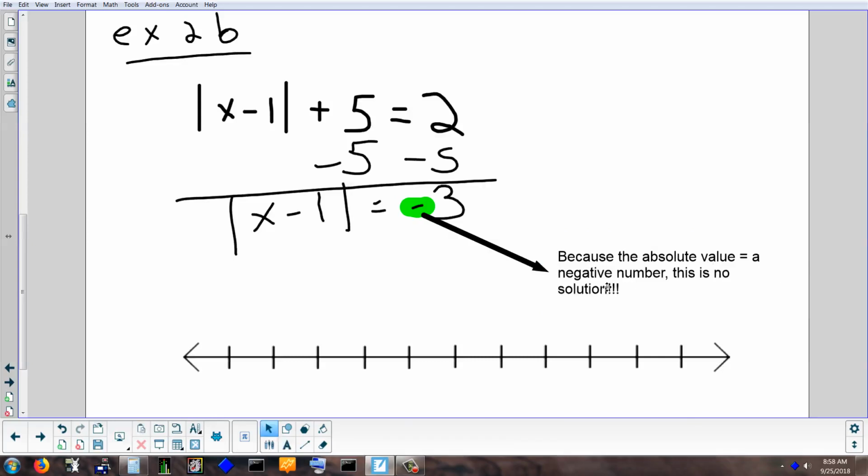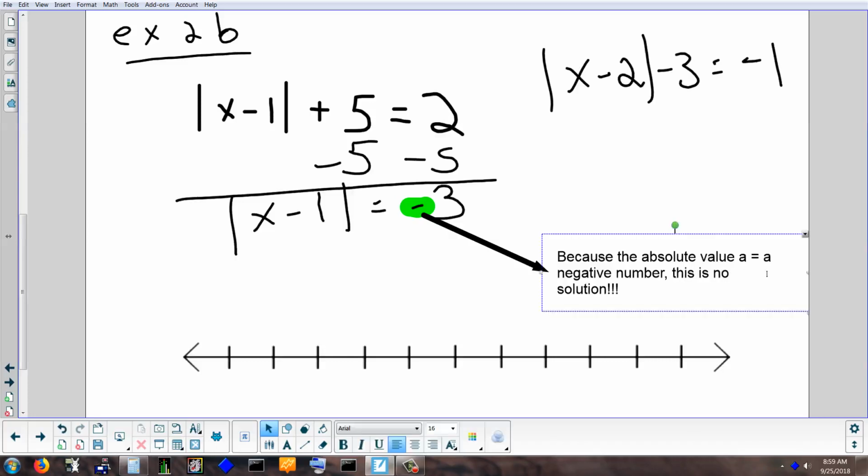Now you've got to be careful, because you may get something like this. You don't have to write this down, I'm just going to show you guys something. This one equals a negative, but you have to make sure the absolute value is by itself before you say whether it's a solution or no solution.